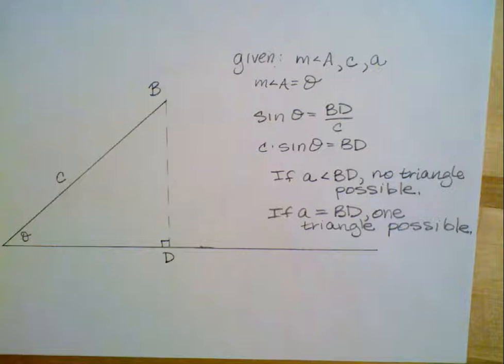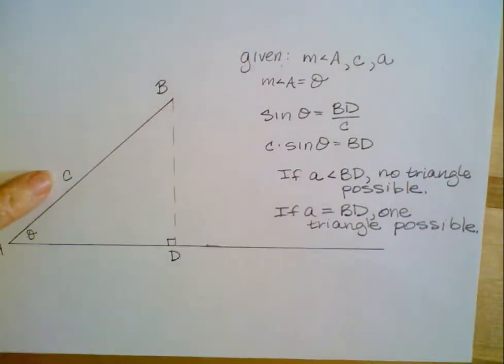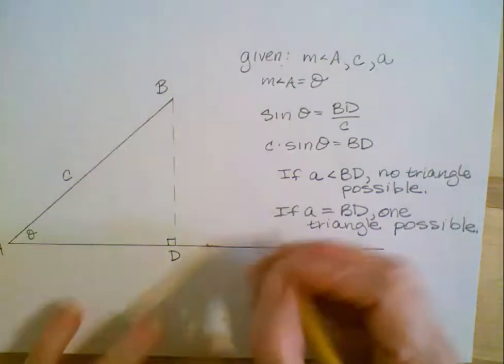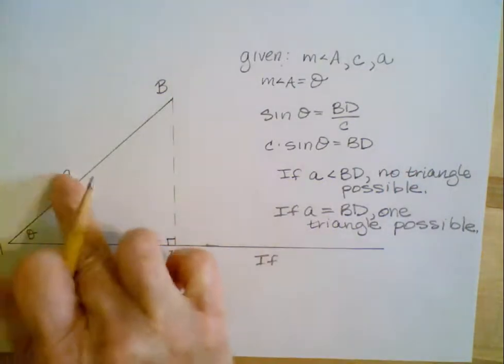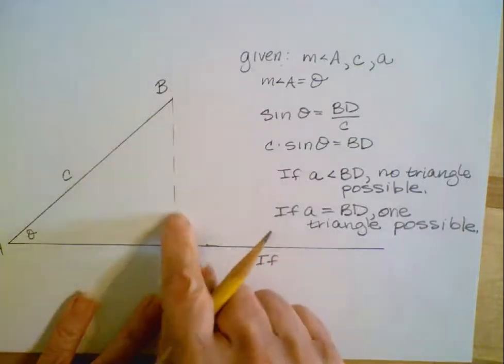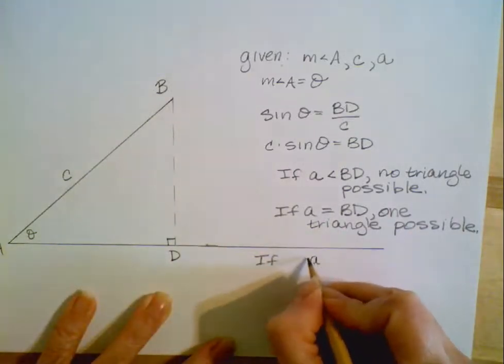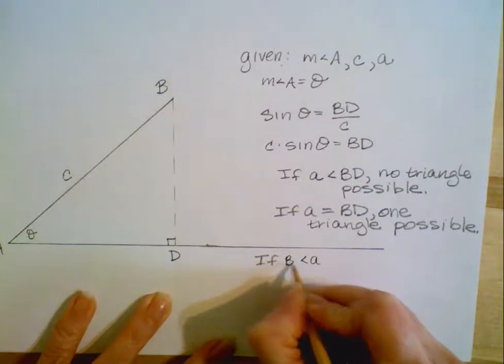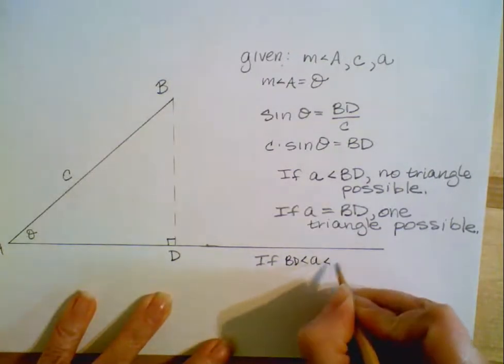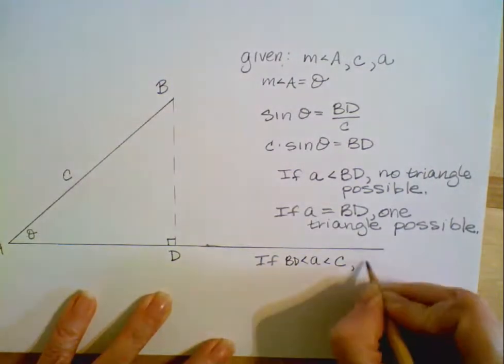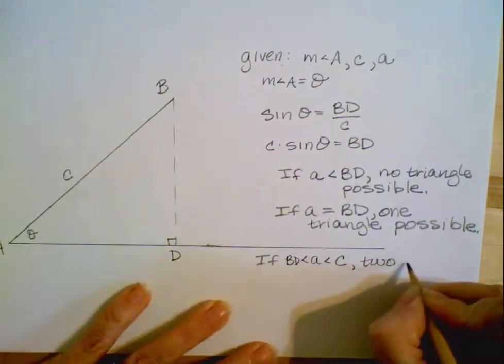And that really depends on how A compares to the length of this side. If we choose a number that is less than C, but still greater than this number, so if A is greater than the length of that height, BD, but it's less than C, that's where we get two triangles.